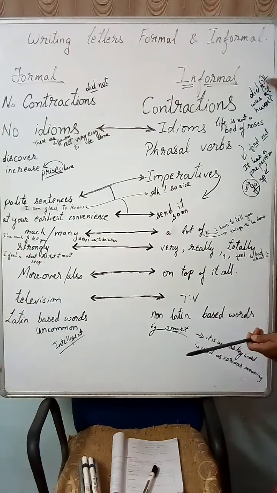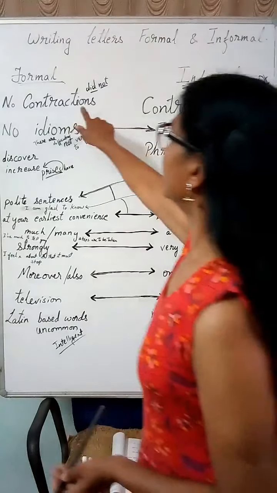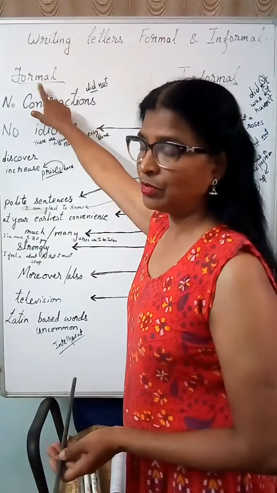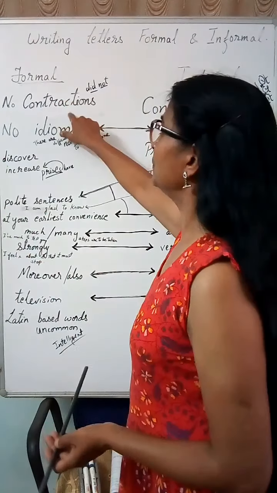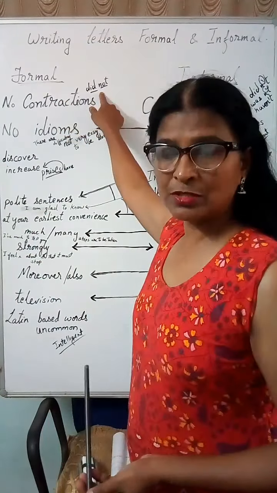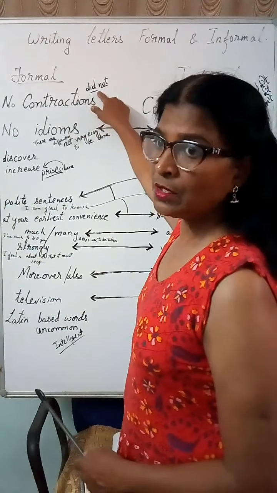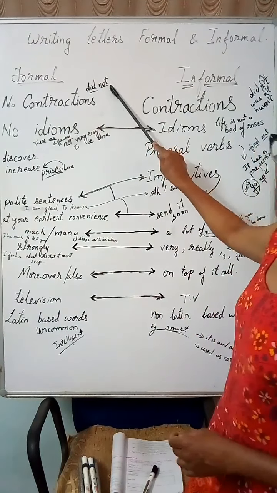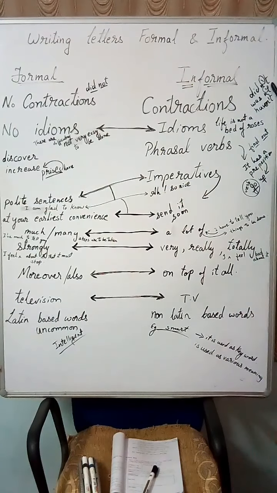Wherever you find this n't with an apostrophe, these are contractions. But when you are writing a formal letter, to your boss or to some other person who belongs to your office, or a principal, you have to write did not. You have to write the full language instead of the short form.